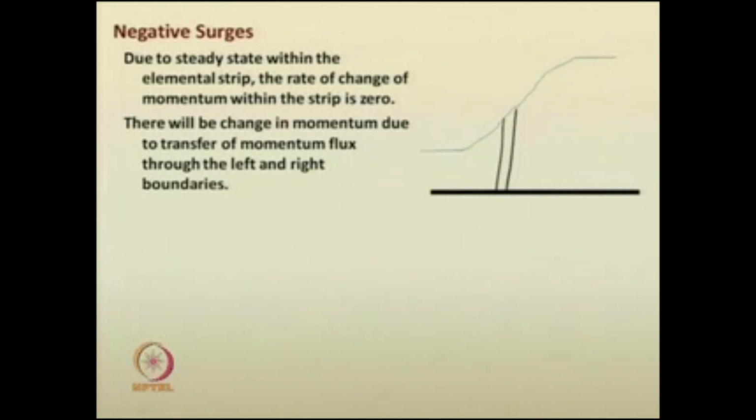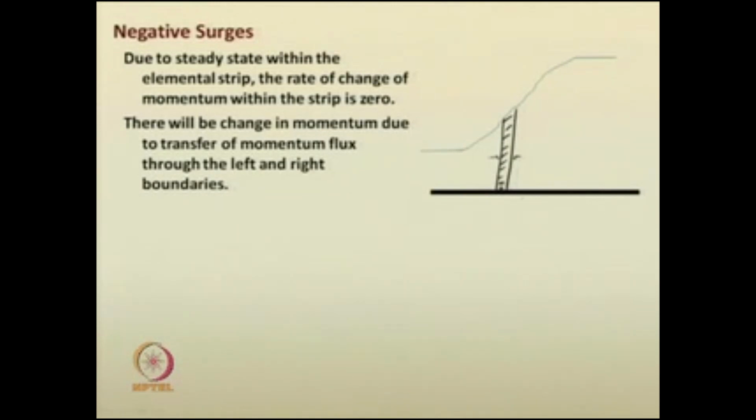Therefore, in that elemental strip, whatever momentums are transferred through the left and right boundaries, because this is a predominantly one dimensional flow. So, only the left and right boundaries allow transfer of momentum. So, the momentum flux through the left and right boundaries needs to be taken into account. So, the net outflux of momentum, I am not going to further elaborate the Reynolds transport theorem. I am just writing the final form for this particular situation.